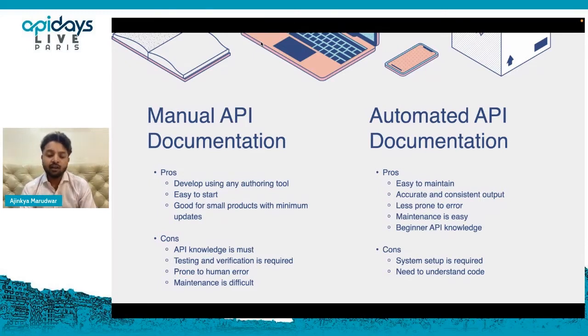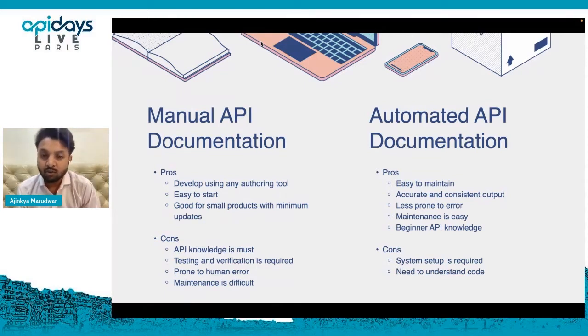And as you go further, you will see how easy it is to set up your machine and start generating the API documentation. Even a beginner who doesn't have much knowledge about APIs, with just a basic half-hour session on YouTube, can learn how an API works.